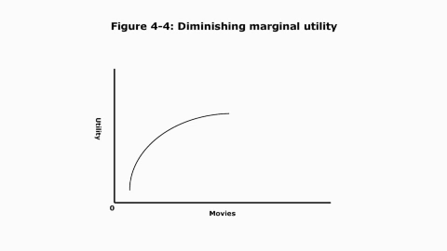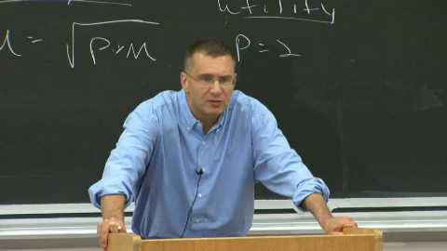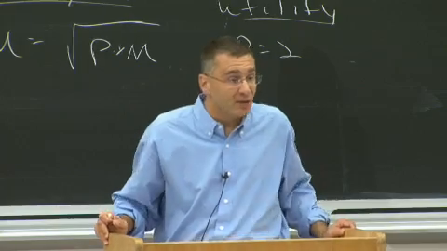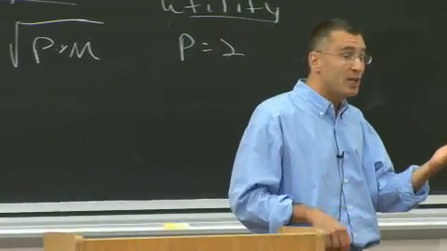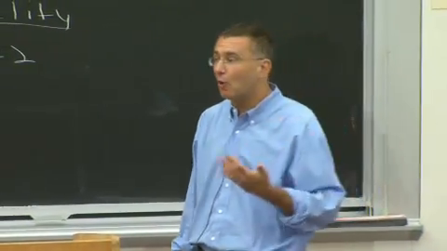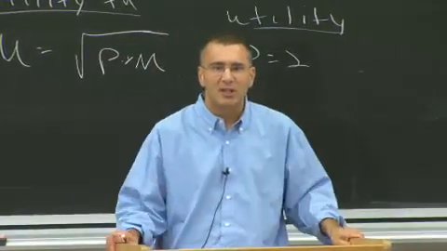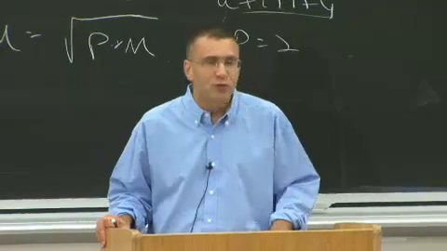What figure 4.4 is showing is how your utility for movies evolves as you get more movies. Given that you have 2 pizzas, this is the evolution of your utility as you get more movies. So each additional movie increases your utility. The slope is positive. More is better, we know that. Even if it's some date movie, it still improves your utility.